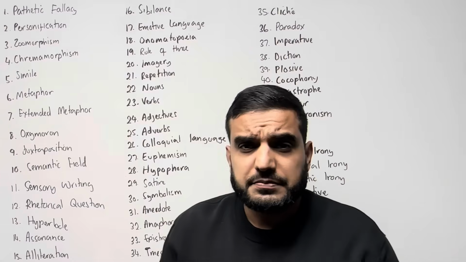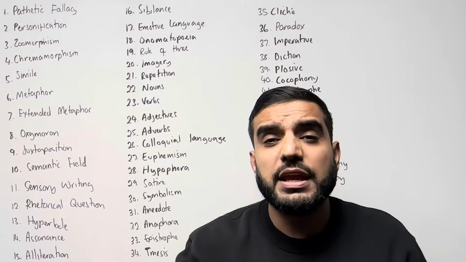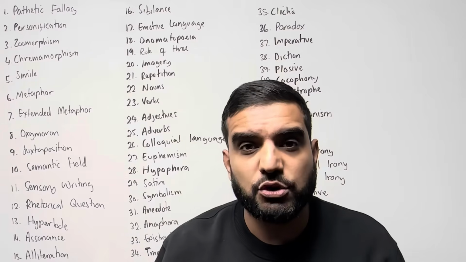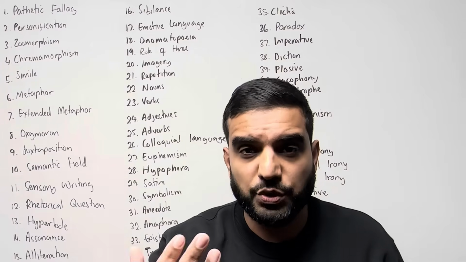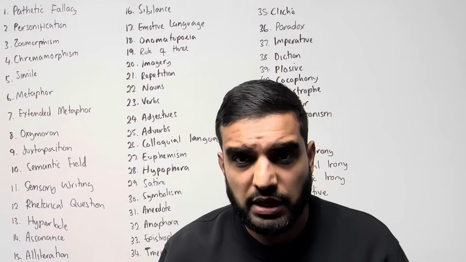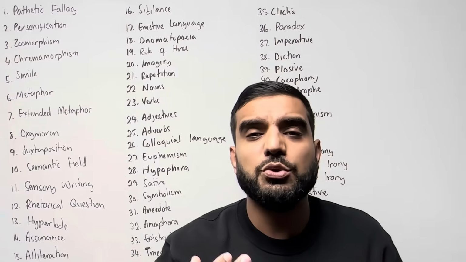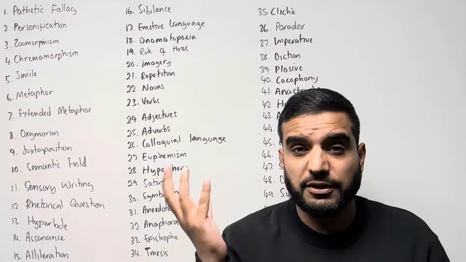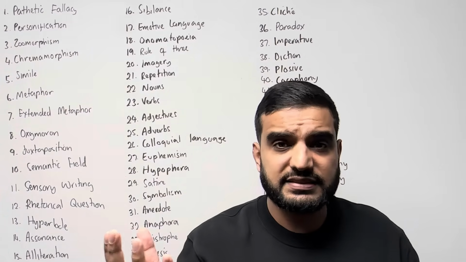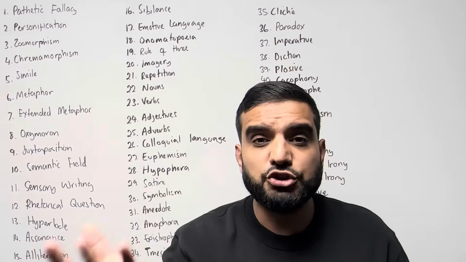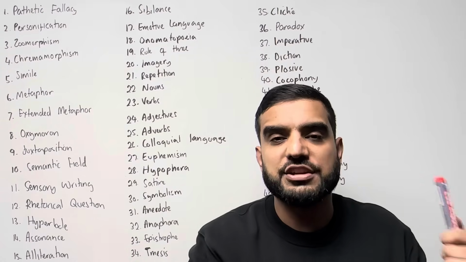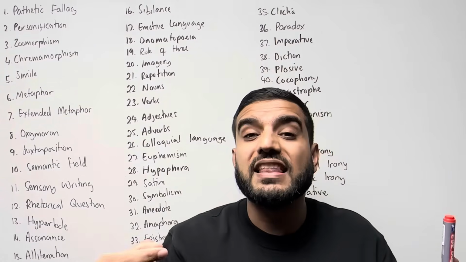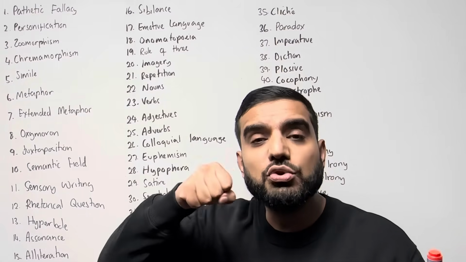Guys, metaphor. Metaphor is when you compare two nouns without like or as. An easy way of doing a metaphor is by saying the first noun is the second noun. For example, John is a cheetah. Not John is like a cheetah, but I've removed the like.